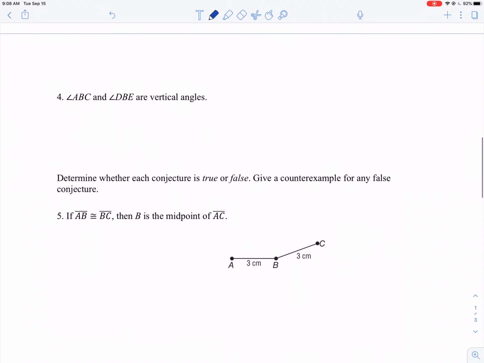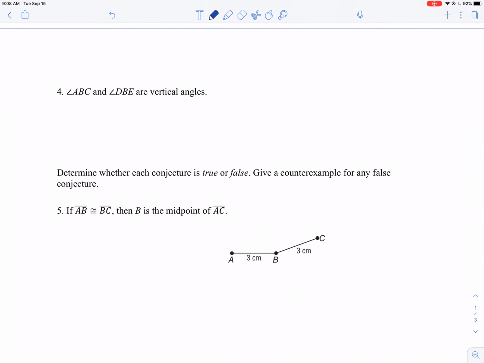Number 4, okay, let's draw a picture to help us out. We're going to say, all right, I have angles ABC and angle DBE, and they are vertical angles. So I'm going to draw some lines. Okay, and I know I have angle ABC. So let's label this one A, B, and C. And if you notice, you see both of them have B in the middle.